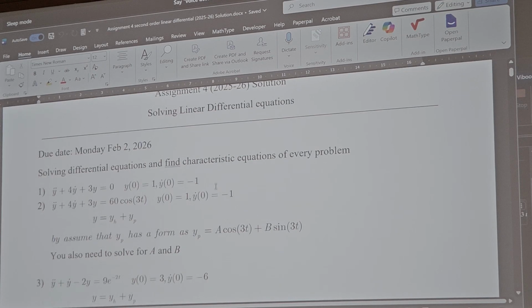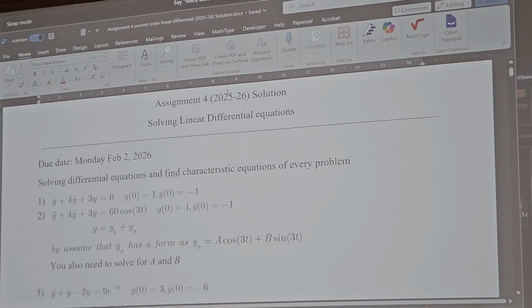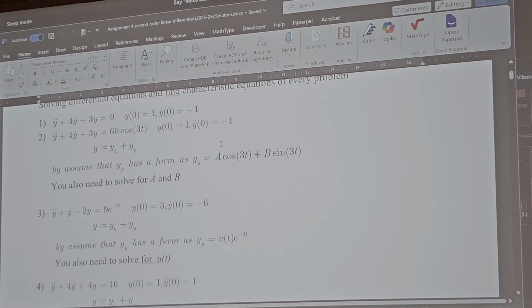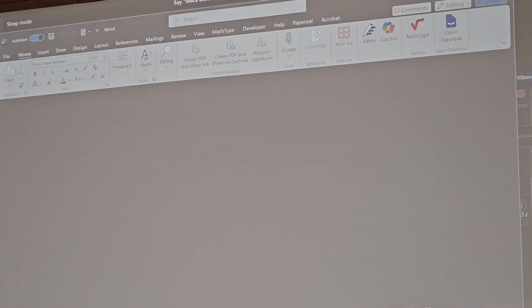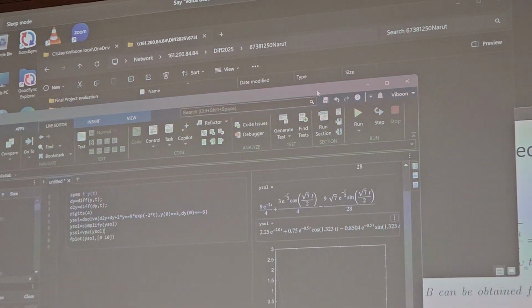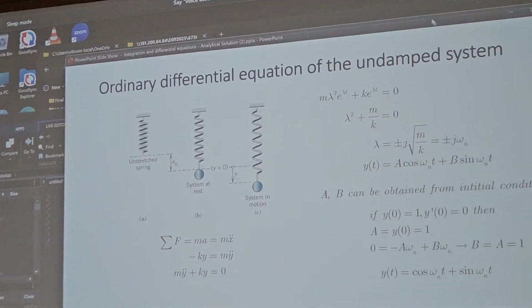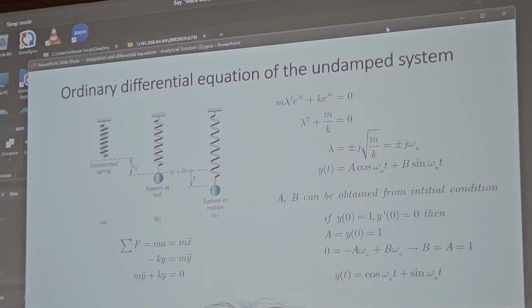So this one will be assignment number 4.